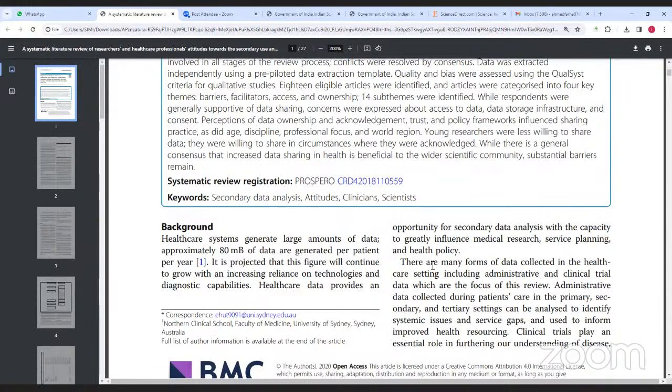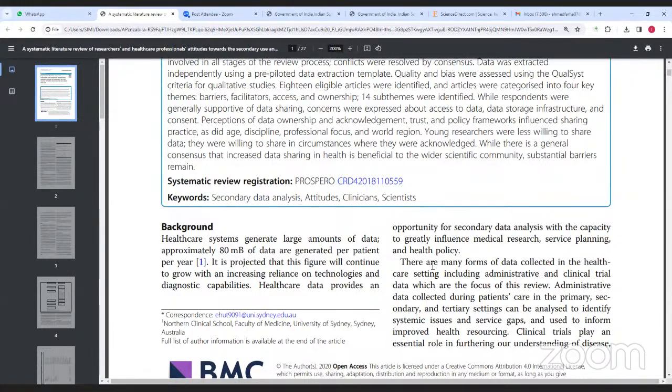Healthcare data provides an opportunity for secondary data analysis with the capacity to greatly influence medical research, service planning, and health policy. There are many forms of data collected in the healthcare setting, including administrative and clinical trial data, which are the focus of the review.